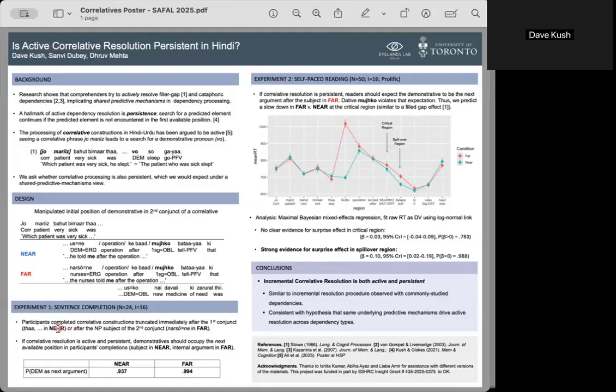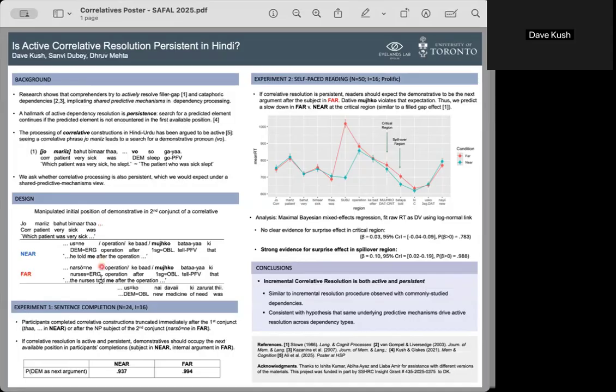We truncated the near condition immediately after the first clause, right after ta, right after the correlative clause. Then we had people continue the sentences, and we expected that an active strategy would lead them to complete the sentence with a demonstrative in initial position of the main clause.